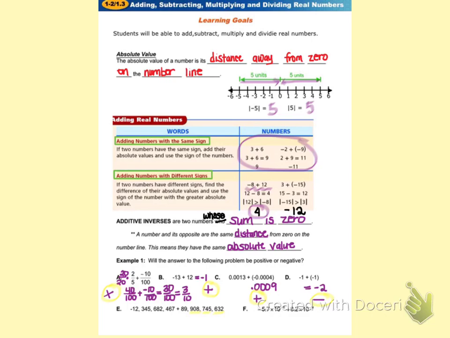And so this must be 89,908,745,632. Notice the other number is also in the billions, but if you look at the first digits, the -12 and the 89, the 89 is clearly bigger. So we know that our final answer is going to be a positive one here. And since they did not actually ask for the sum, they just want us to tell if it's positive or negative.